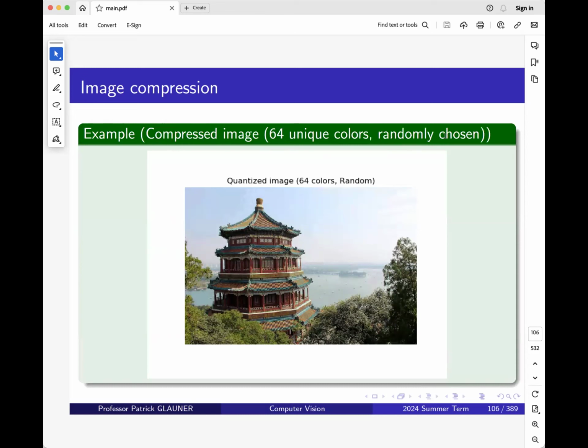And we could just randomly pick 64 colors from these 96,000 unique colors, and then assign every color that we didn't pick to the nearest color we had randomly picked. So we had 90-something thousand unique colors throughout these pixels. We just pick 64 random ones, and then for each pixel that is not from one of these 64 colors, we just try to map it to the closest unique color among the 64. And I picked them just randomly.